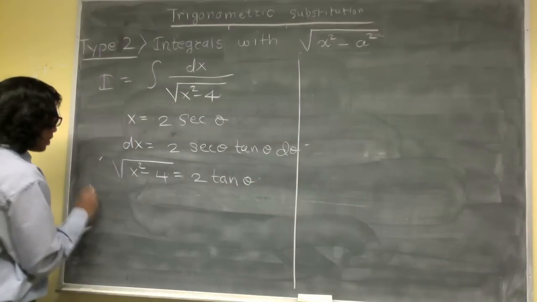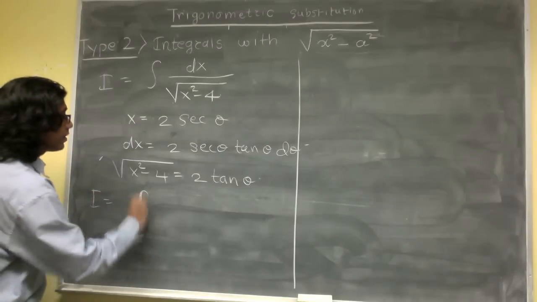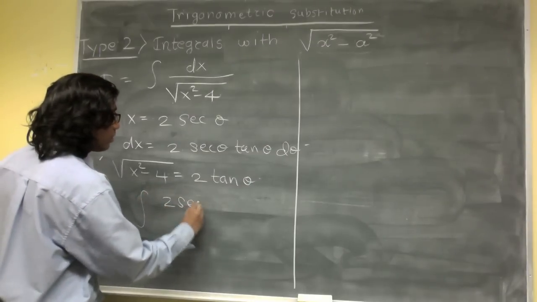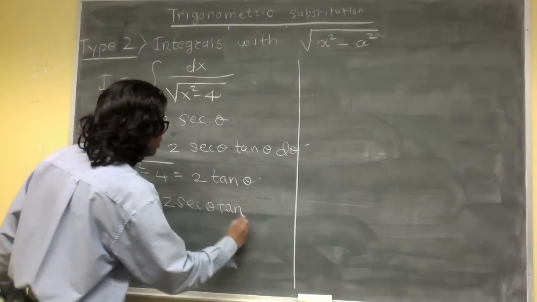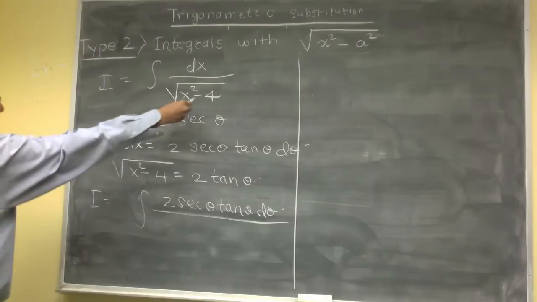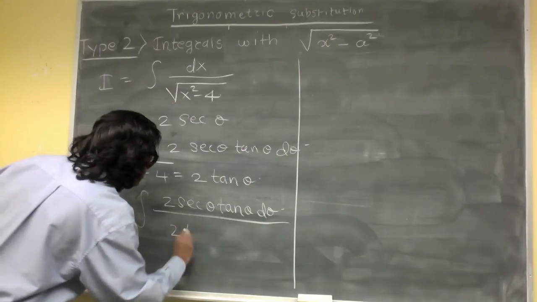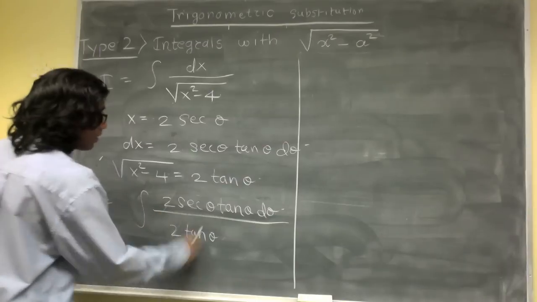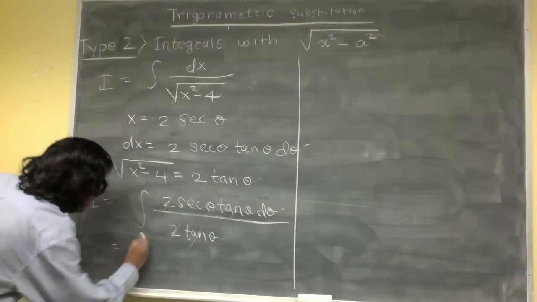Okay, so let us solve this problem. I equals integral of dx, which is 2 times secant theta tan theta d theta, divided by the square root term, which is 2 times tan of theta. So I get basically the secant theta integral again.